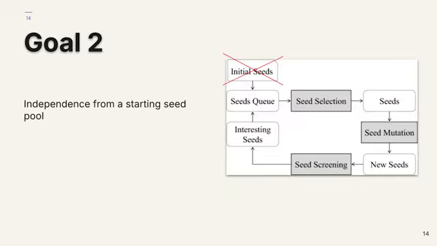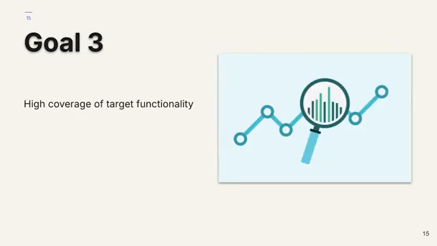Goal 2 is to have the fuzzer be independent from a starting seed pool. A lot of coverage-driven fuzzers need an initial seed pool to start the fuzzing process.